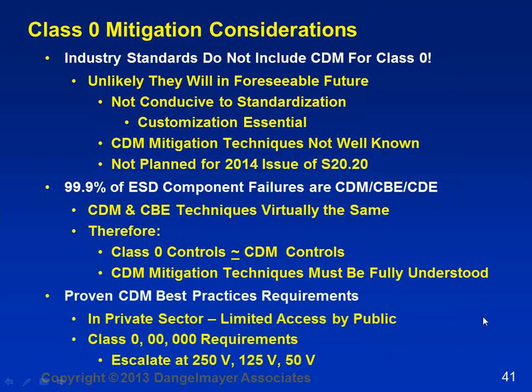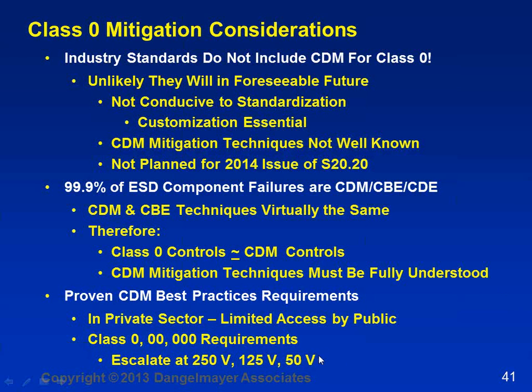Now, there are proven CDM practices. Unfortunately, they're not in the public sector at this point. We do have them and can discuss them. And I can tell you that I think it's common sense that the countermeasures will have to escalate as you go deeper into the Class 0 region.